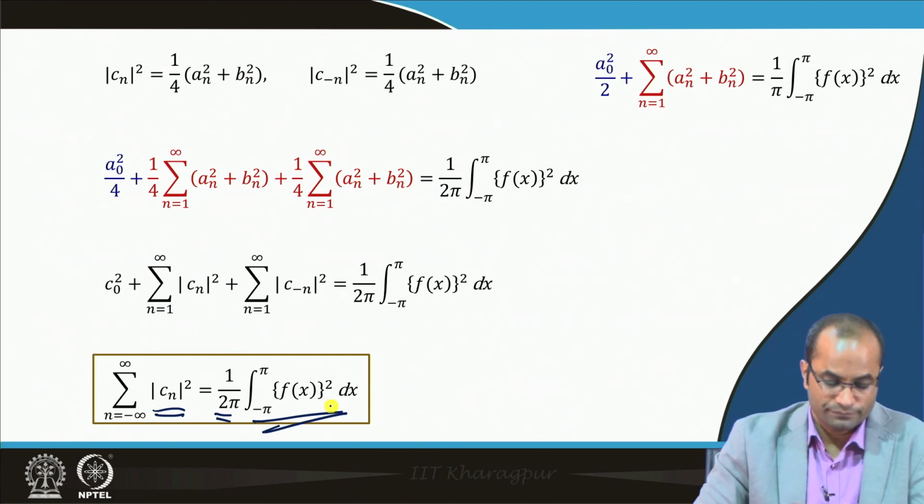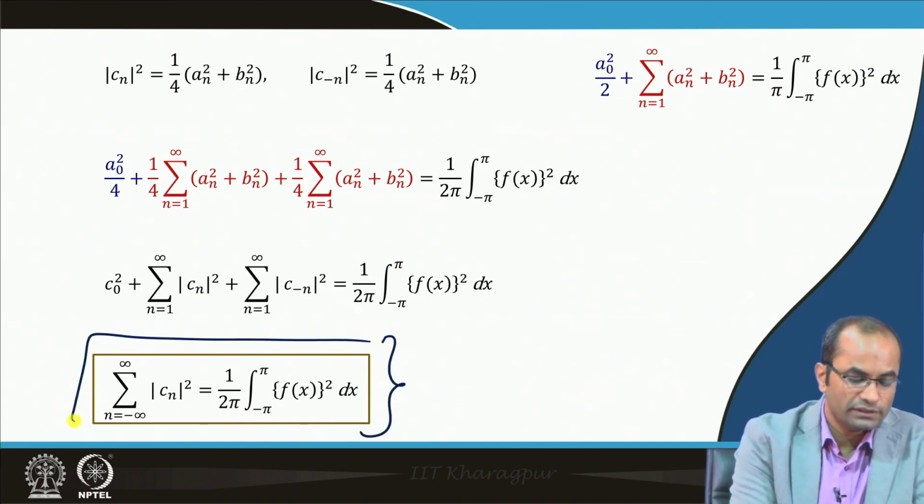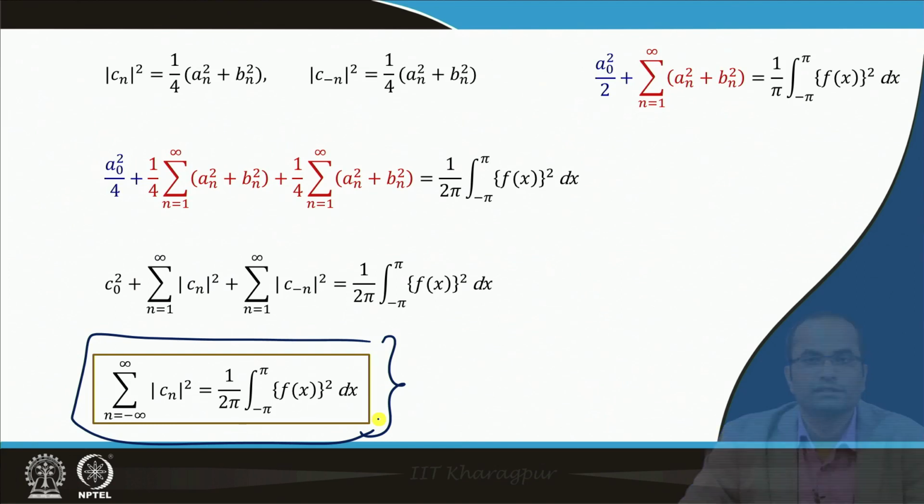So, this is the Parseval's identity for the complex form of Fourier series. So, we can apply this in one of the examples in the next slide.